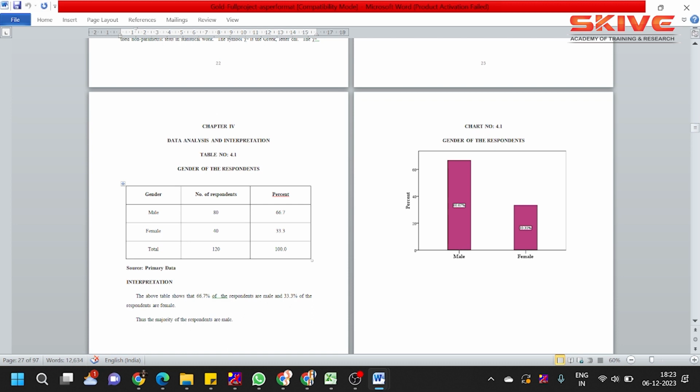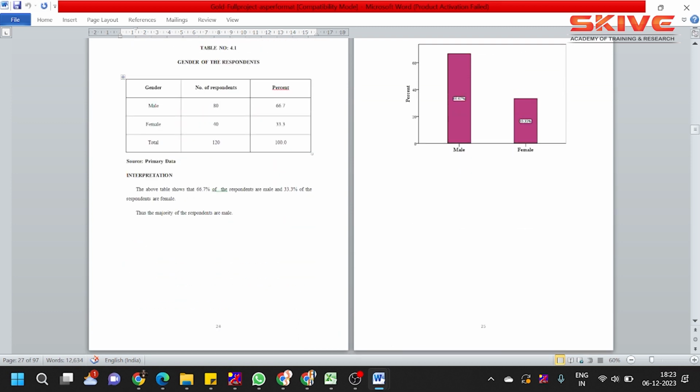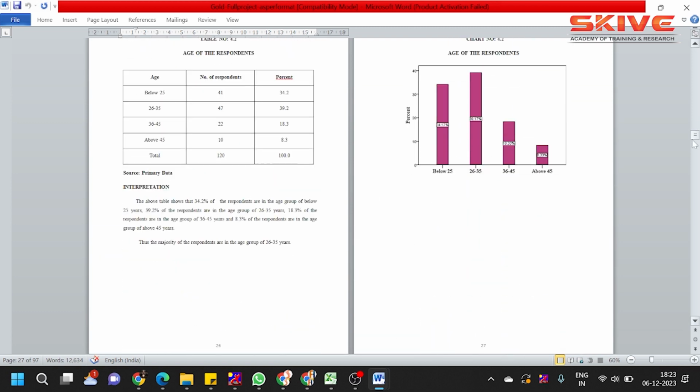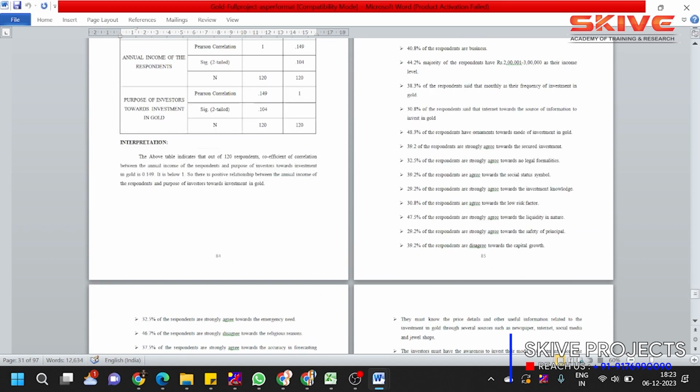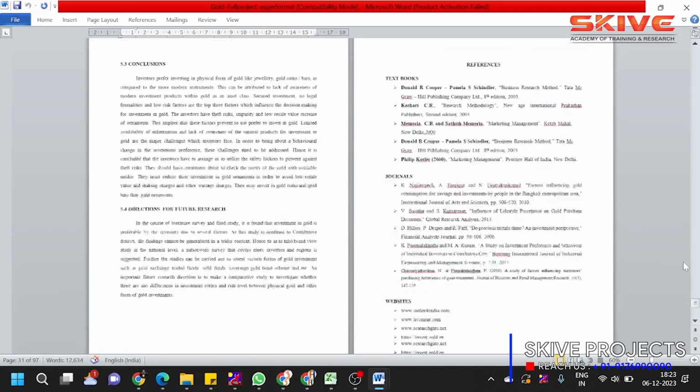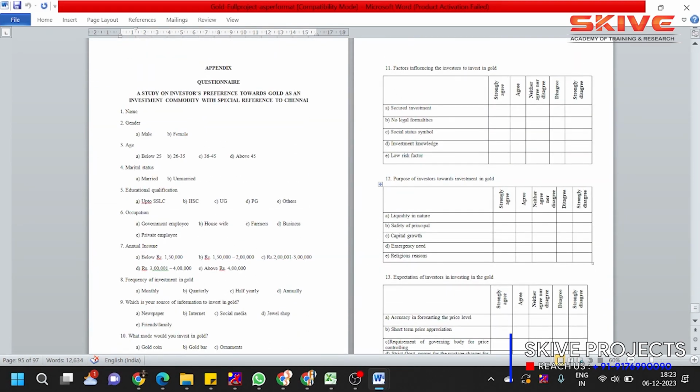And coming to the important chapter, which is data analysis and interpretation. This chapter is analyzed using the data collected from the questionnaires. Here I'm showing the questionnaires.